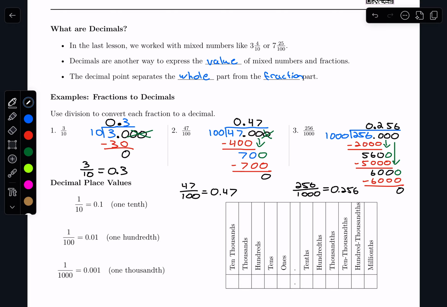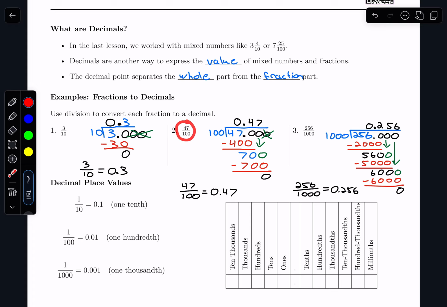So now what I want you to notice is that when we divide by powers of 10, all we had to do was take the numerator and move the decimal over a little bit. So 3 divided by 10 was just 0.3, where all we had to do was take the decimal place from the 3 right here and move it one spot to the left. So that gave us 0.3.